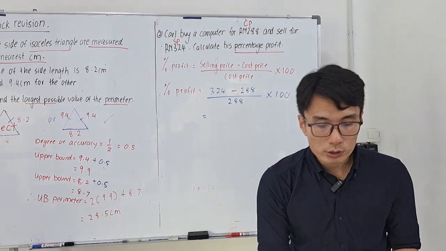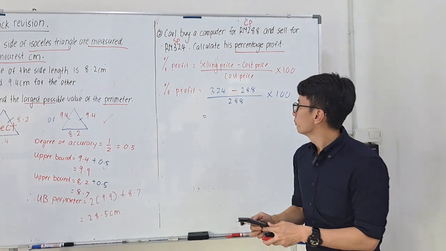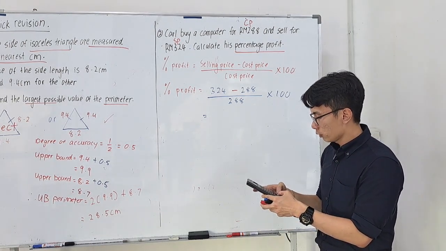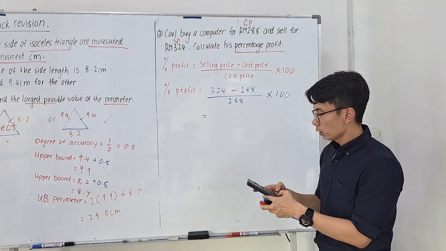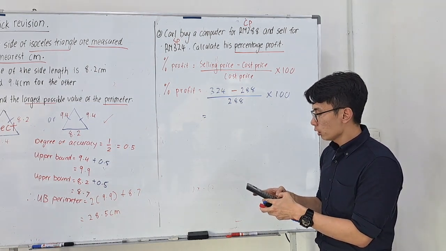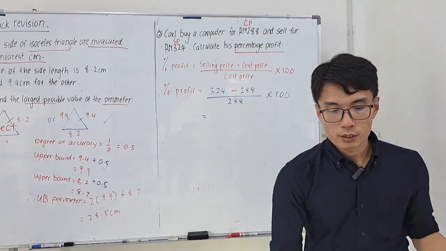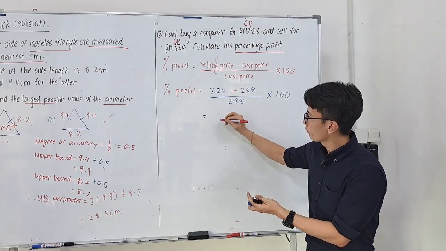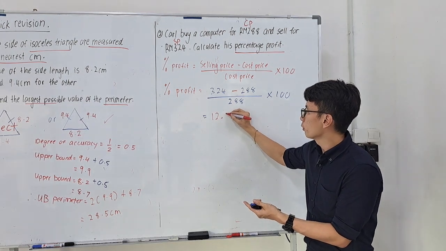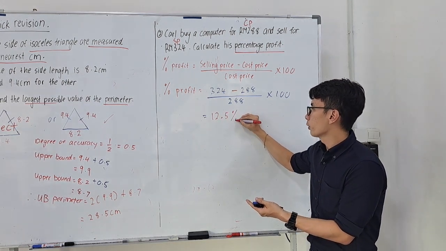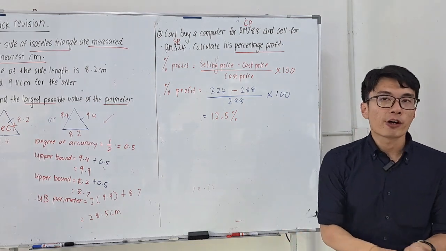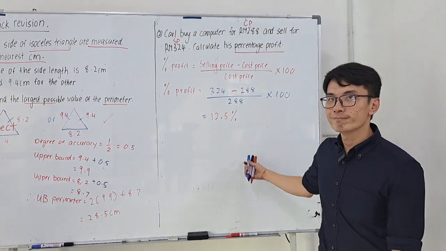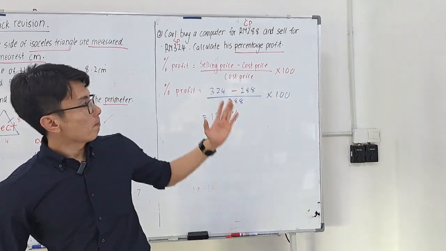Punch in your calculator: 324 minus 288 divided by 288 times 100. In other words, I am gaining 12.5%. That's my percentage profit, and that's how you count percentage profit.